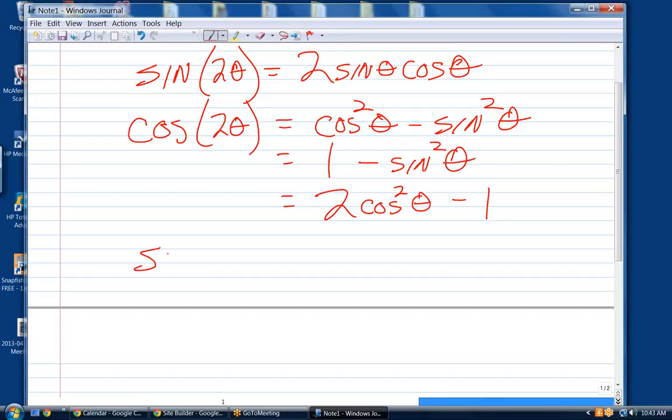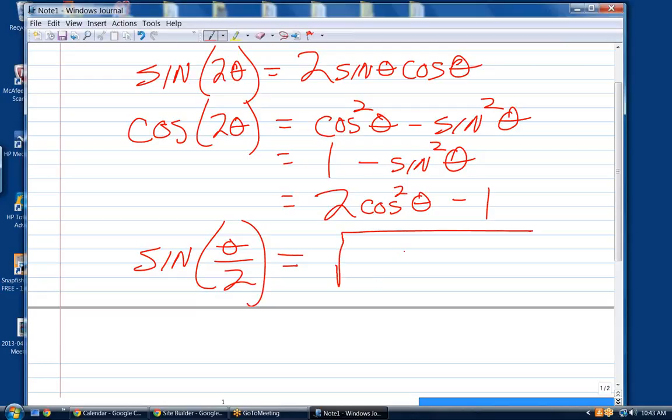Let's just look at one half angle formula. This is the square root of 1 minus cosine of 2 theta all over 2.